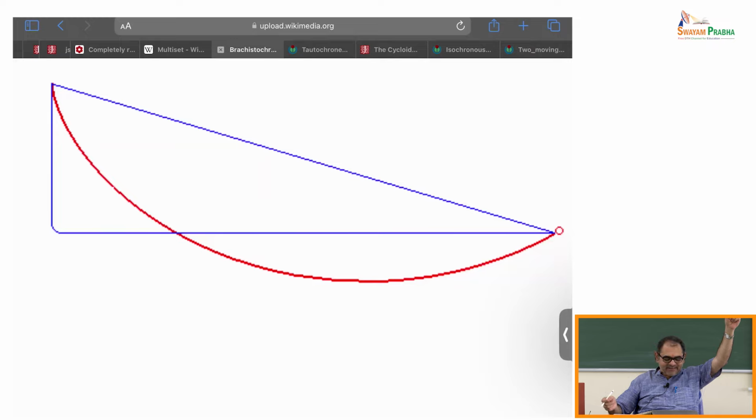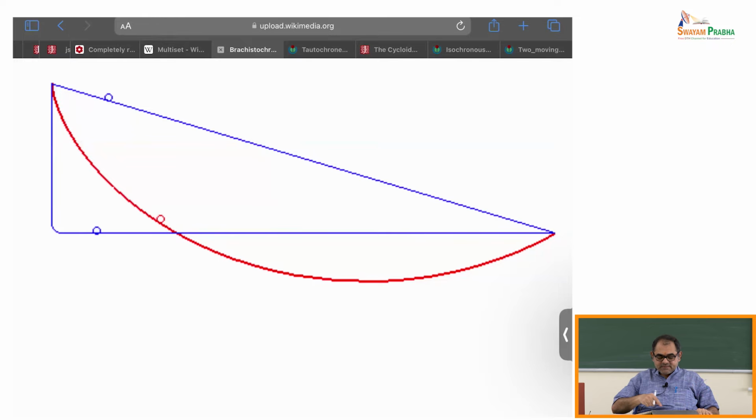The bead that vertically goes down, then bends off and moves horizontally, is somewhere in the middle. But the fastest is the one that moves along this red cycloid, a unique cycloid with the cusp at the top point and passing through the point at the bottom. What is important is that the point at the bottom is not the bottommost point of the cycloid.